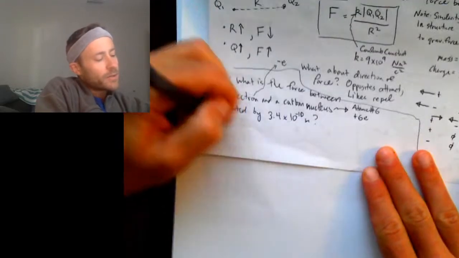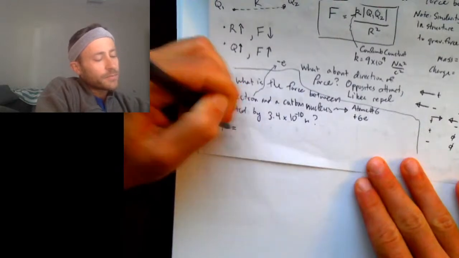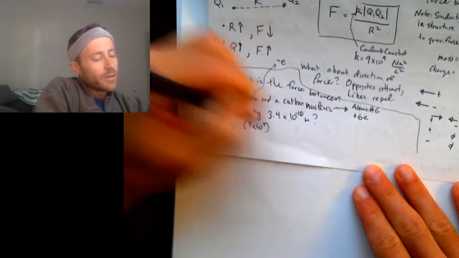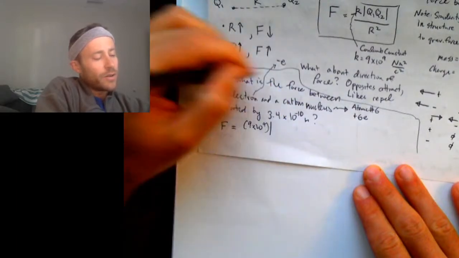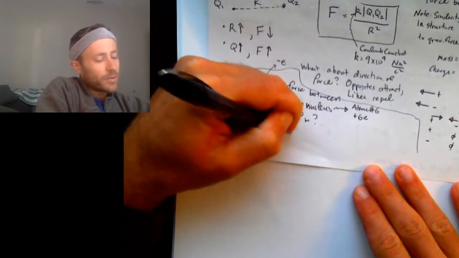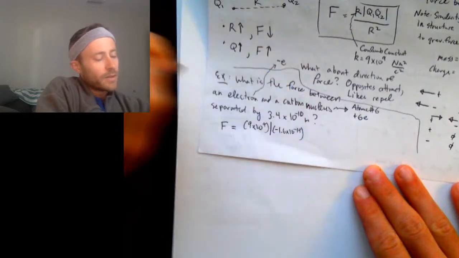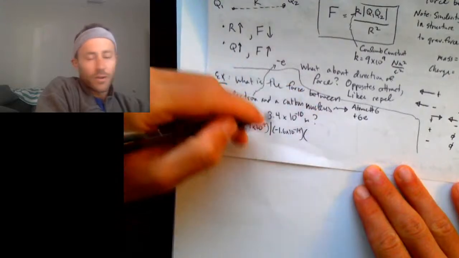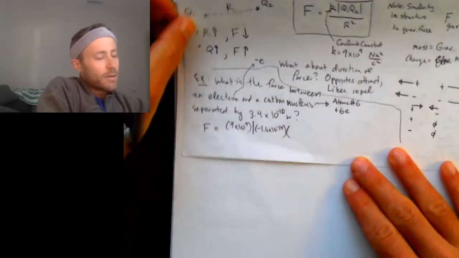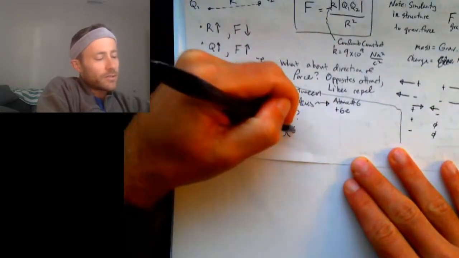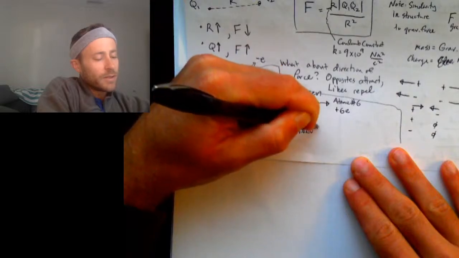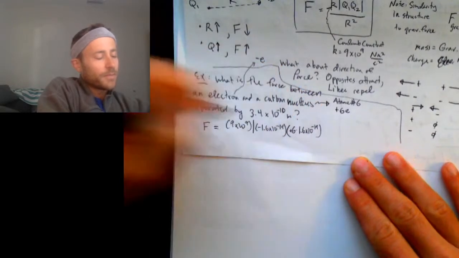So to get the force, we do K, which is 9 times 10 to the 9, times the absolute value of Q1, negative 1.6 times 10 to the minus 19, times Q2, which is the carbon nucleus, so that's 6 times 1.6 times 10 to the minus 19, and that's a positive number.